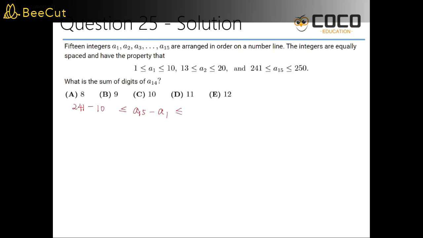The largest difference is when A15 is 250 and A1 is 1. So simplify this, A15 minus A1 is greater than or equal to 231, and less than or equal to 249.